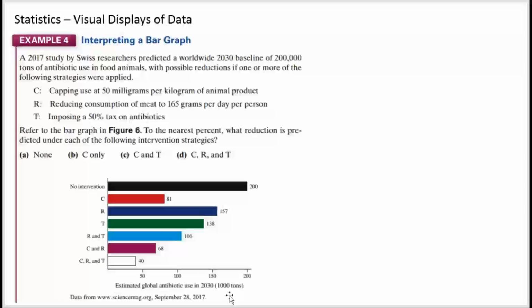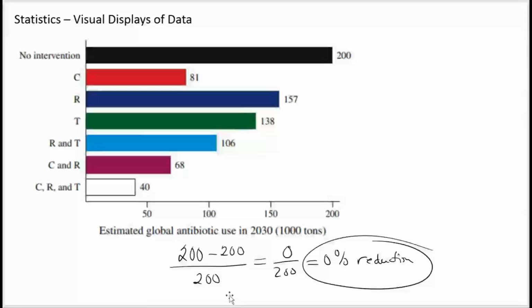So how do we calculate it? This is going to be just like the last calculation. Now 81 is our number, right? So we're going to say 200,000 is what it would be, minus the 81 that it is if we cap our antibiotic use on animals, and then divide that by 200 to get the percentage out of 200.